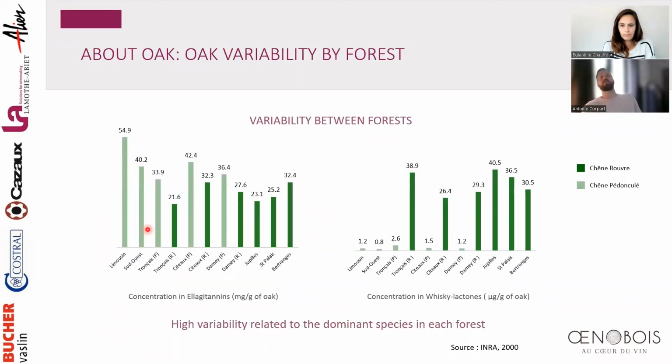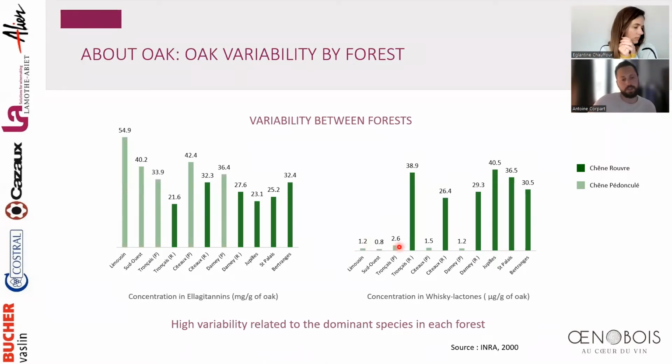So now one important thing: we are talking about oak variability by forest. One slide to present the high variability that we have between forests when we do our oak sourcing. On the graph on the right, as I said before, the oak sessilis in dark green has more concentration of whiskey lactone than the oak pedunculata, as you can see here.